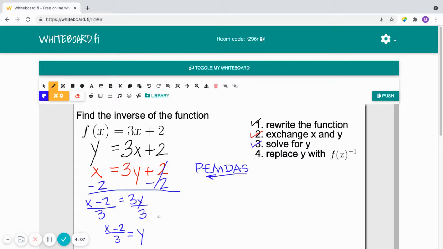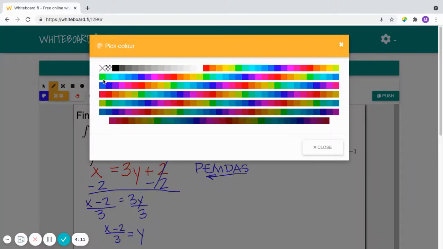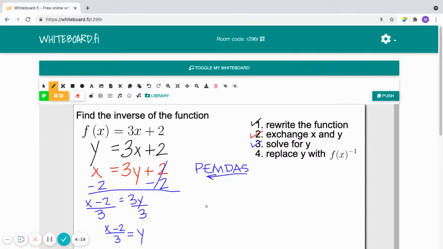I have y all by itself. And the very last step wants me to replace the y, and I'm just going to flip-flop them instead of having y last. So the f of x to the negative 1, this is the inverse. Anything raised to the negative 1 power means inverse. So the inverse of the function f of x equals x minus 2 over 3.